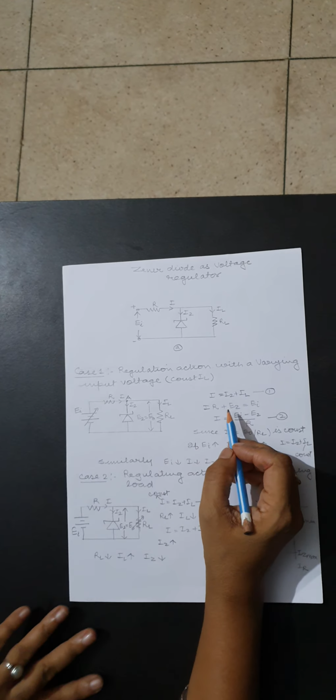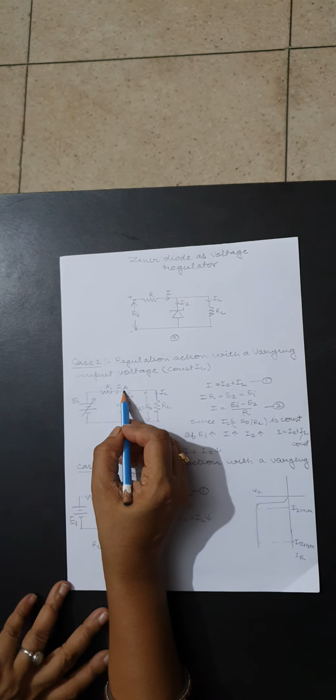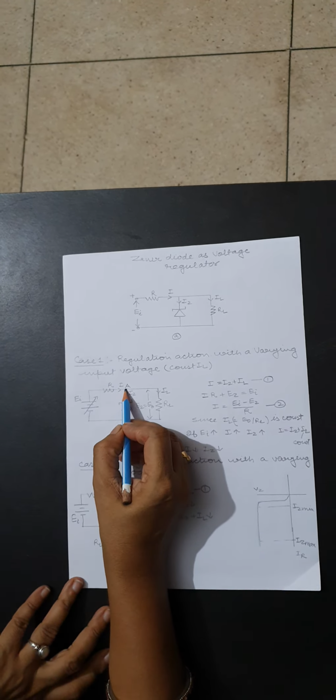If we apply KCL at the point A, then incoming current I is equal to the sum of outgoing current IZ plus IL. And if we apply KVL in this circuit, we get IR plus EZ is equal to EI.